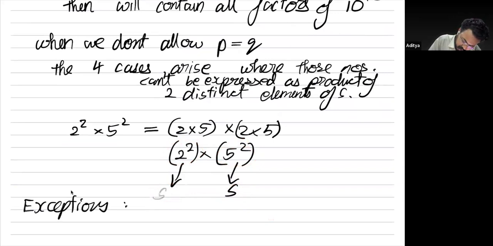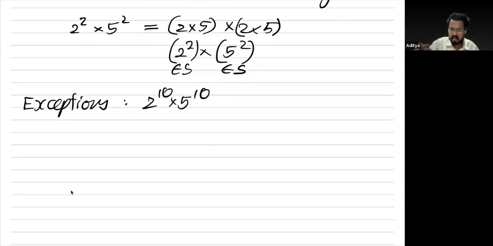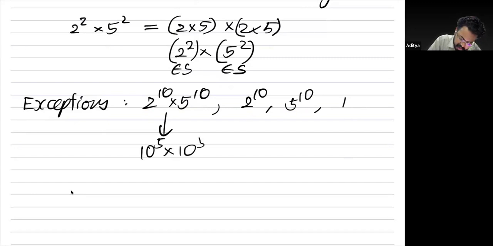2 to the power 10 times 5 to the power 10, because the only way to get this is the product of the largest numbers. Then 2 to the power 10 only, 5 to the power 10 only, and 1. Now to get each of these elements, you can only express them as 10 to the power 5 times 10 to the power 5. No other factor of 10 to the power 5 can be used to express it that way. This also requires 2 to the power 5 times 2 to the power 5.